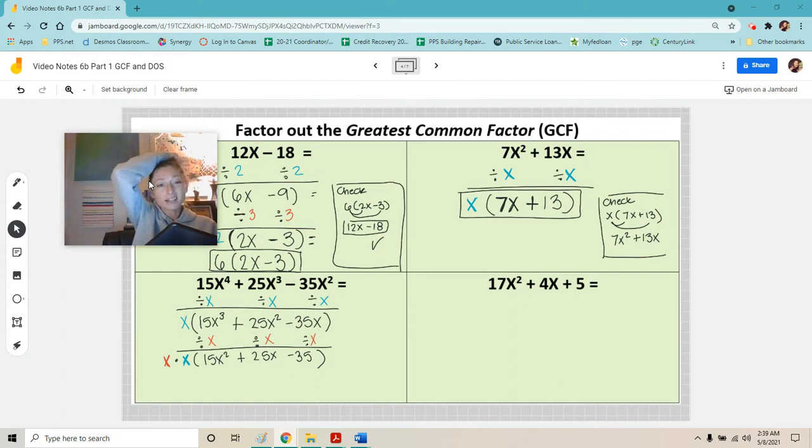All right, so now I look and I see if there's anything else. Well, pardon me, got like a tickle in my throat. All right, those can all be divided by 5. 15, 25, and negative 35, those all end in 5, so those can all divide by 5. So I'm going to divide each part by 5.